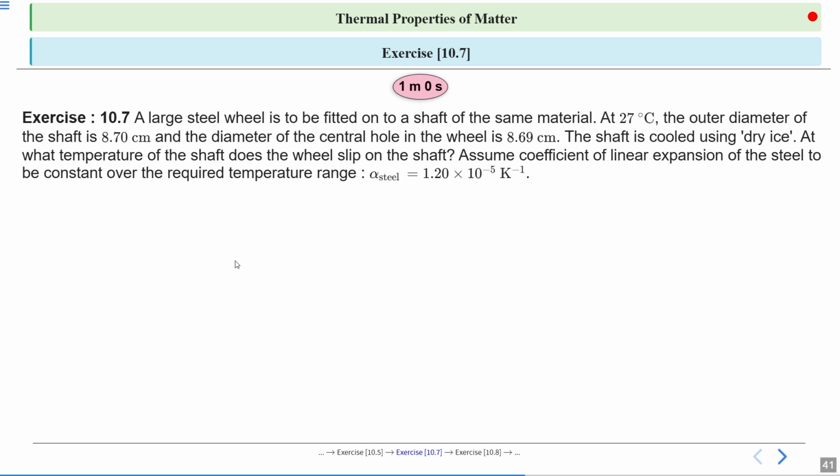At what temperature of the shaft does the wheel slip on the shaft? Assume the coefficient of linear expansion of steel to be constant over the required temperature range, and the value of alpha for steel is equal to 1.20 into 10 raised to the power minus 5 per Kelvin. All right. Please solve this question and think about it. You have some time.